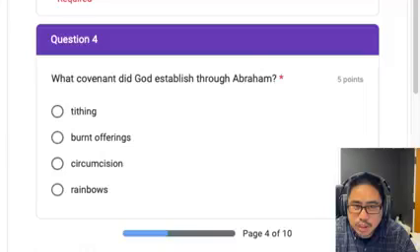I think it's circumcision. Definitely rainbows is Noah. Burnt offerings, I think that's with Moses, right? Tithing is a little later. I'm going with circumcision.